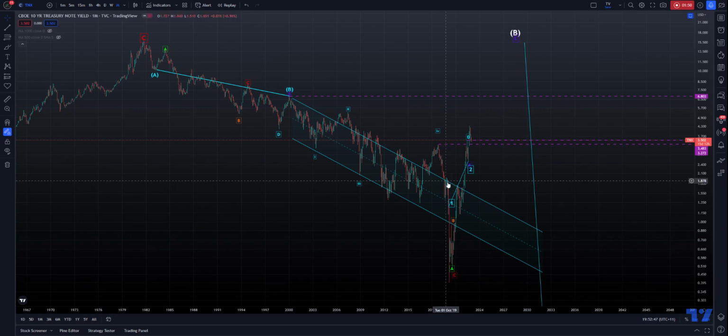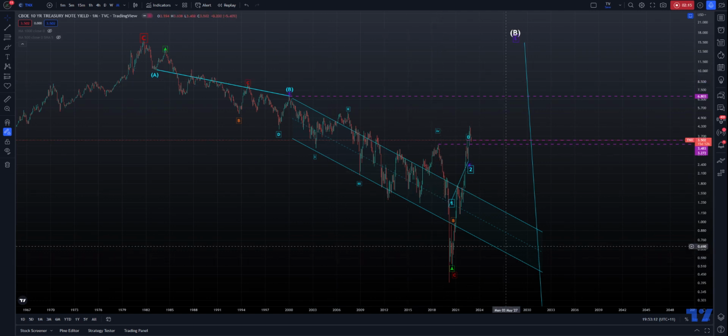It just makes the C wave of that last zigzag really, really deep, sharp. And I'll show you something when I zoom in also that's quite fascinating to me, which is the way that these patterns interact with this trend line on a log scale or a non-log scale. So that I find really interesting.